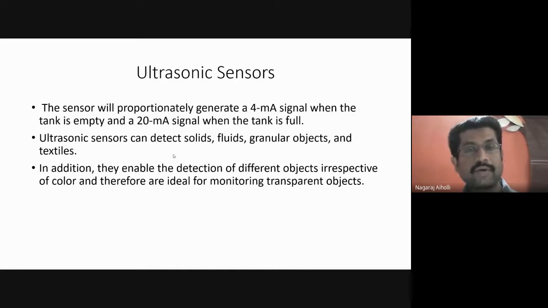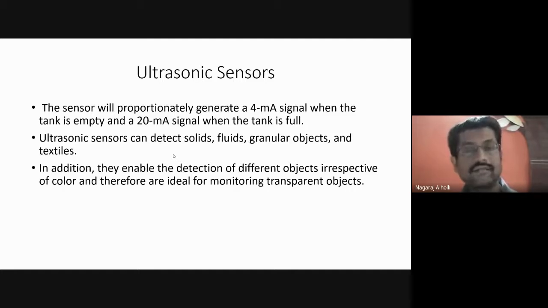But one important point about ultrasonic sensors is that they are ideal for monitoring transparent objects. If the object is a colored object, then because of the color, it is absorbing certain energy, because of which the energy of the received ultrasound signal will be less.